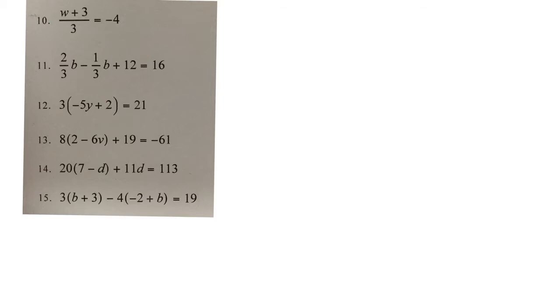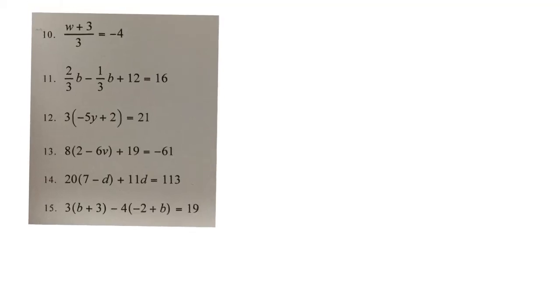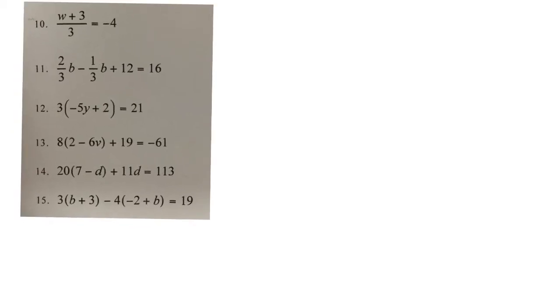Okay, so number 10 is w plus 3 over 3 equals negative 4. Now this problem is different from number 9 because w and 3 are being divided by the 3.